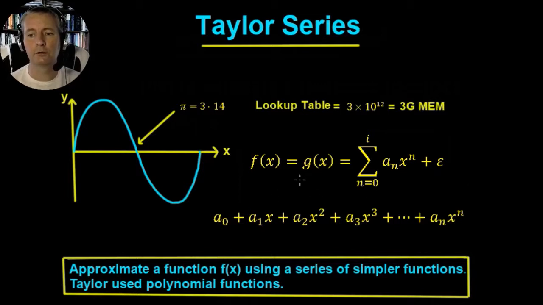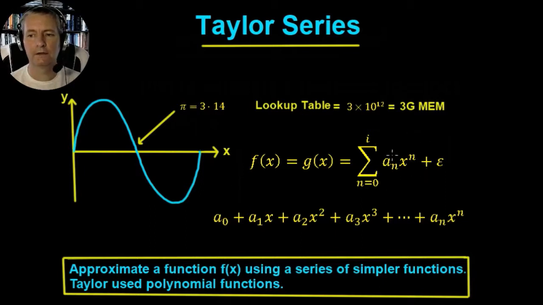So what we're going to do is take a function f of x, which in this case is the sine function, and we want to approximate it by another function, let's call it g of x. But our function g of x is made up of a sum of polynomial functions, a_n x to the n.